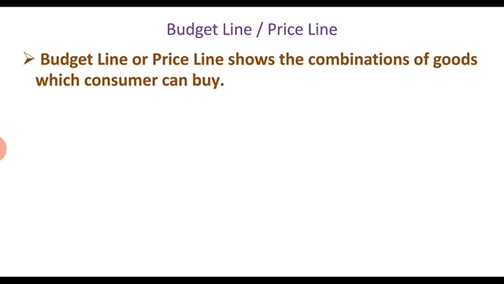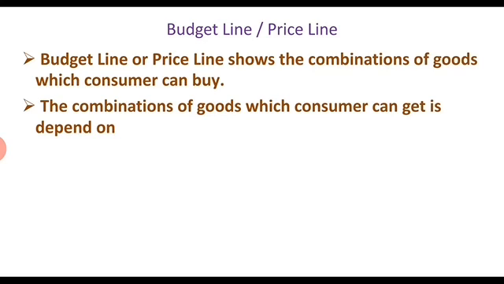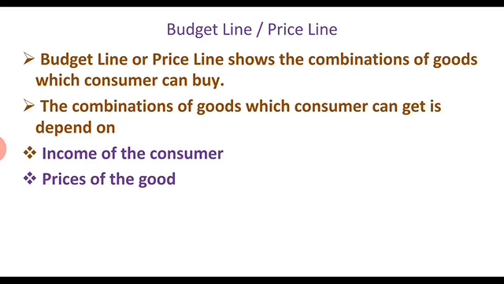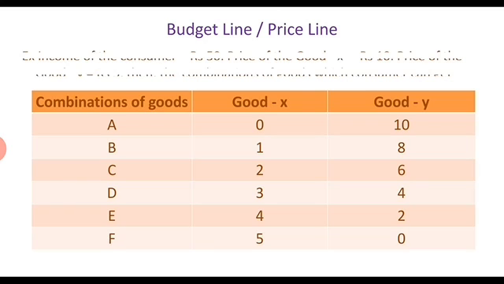Budget line. The budget line or price line shows the combinations of goods which the consumer can buy. These combinations of goods which the consumer can get depend upon the income of the consumer and the prices of the goods.